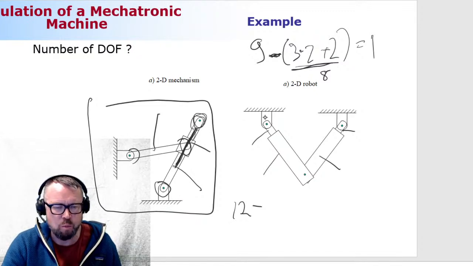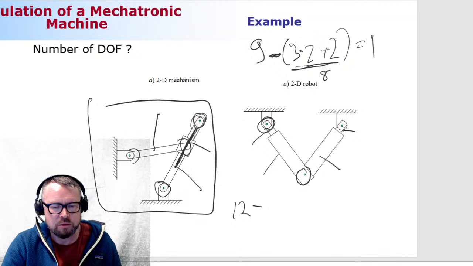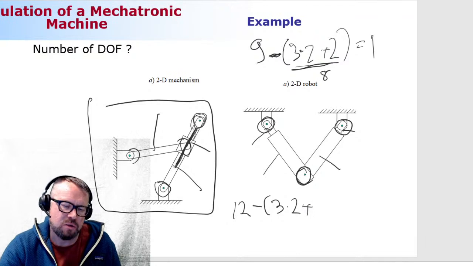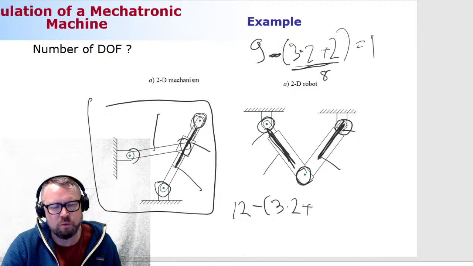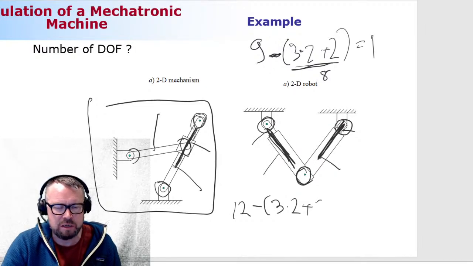Okay, let's compute the number of joints. So we have here 1, 2, 3 revolute joints. That's the same as in the previous case, so it's 3 multiplied by 2. And then, not shown here, there are translational joints in the cylinder. So we have 2 translational joints. So let's compute it. 2 times 2.